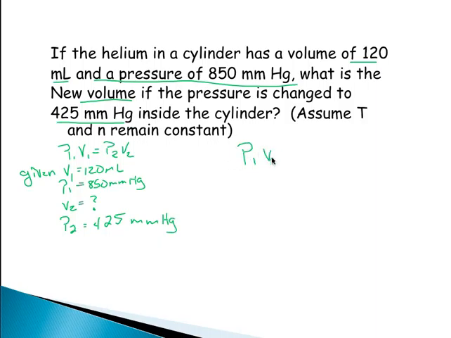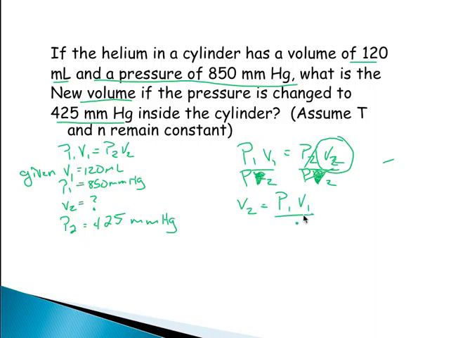Remembering Boyle's law, P1 V1 equals P2 V2. I'm solving for V2, so I divide both sides by P2. That means P2 cancels on the right, so I'm left with V2 by itself, and I get V2 is equal to P1 V1 over P2.